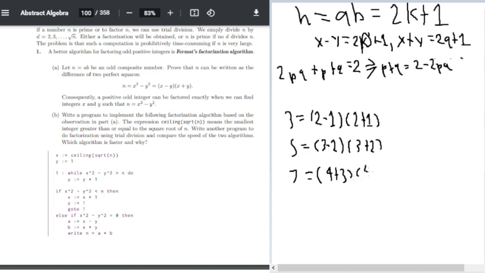Four plus 3, 4 minus 3. So like, let's take the number 9 for example. 9 is going to be equal to 3 plus 3, so we take 4. Would it be 6?